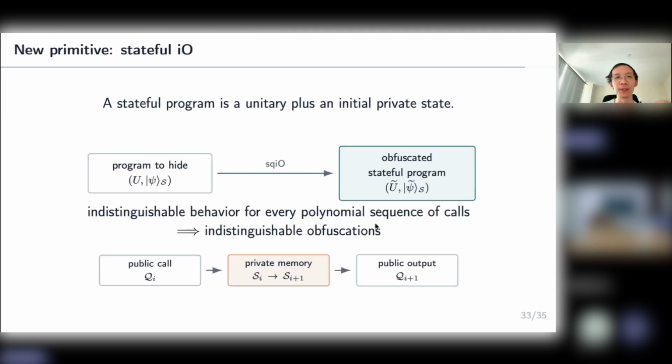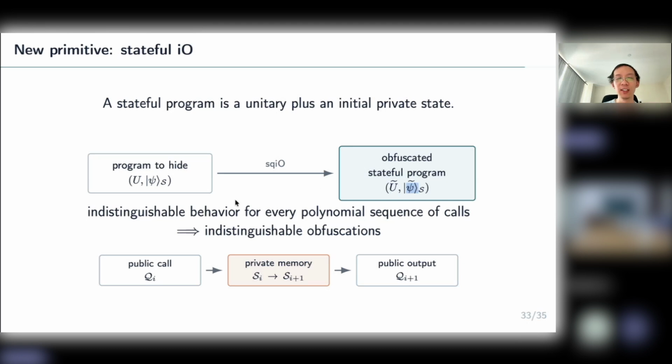In our work, we address this by proposing a new primitive called stateful quantum IO. Rather than the traditional IO definition, which considers stateless programs, here we consider a stateful program where this quantum program can have some initial private state, as well as an evaluation unitary U, and the stateful quantum IO is going to output an obfuscated stateful program, U tilde, and the obfuscated state.